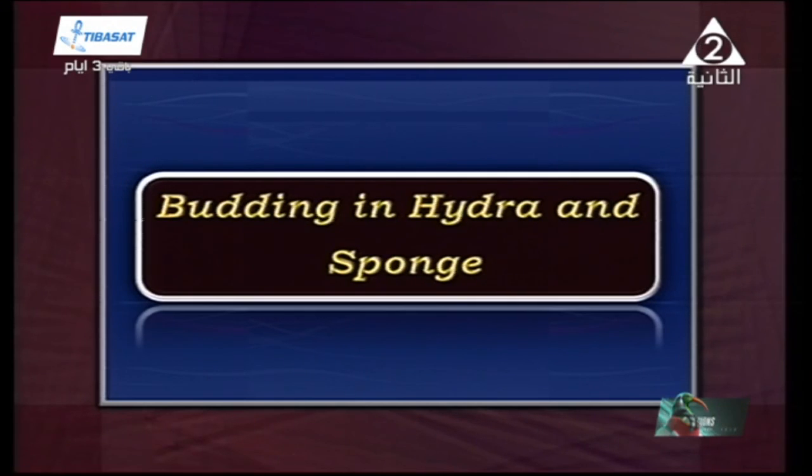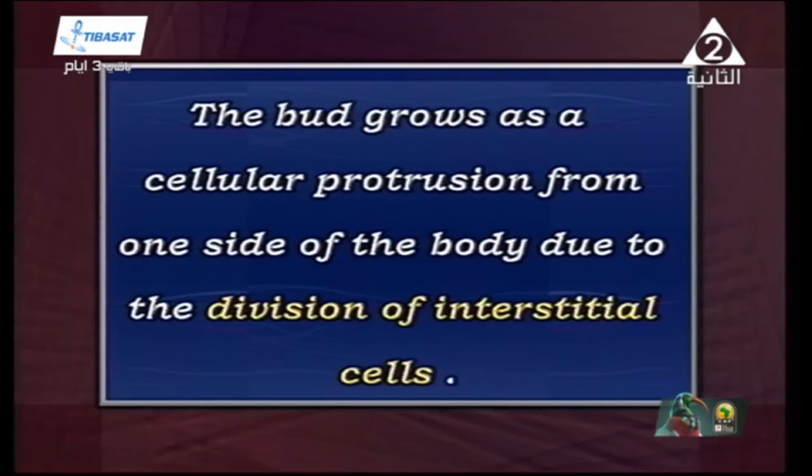The same sequence happens in hydra and sponge. The bud grows as a cell protrusion or bulk from one side of the body, as a kind of division of interstitial cells. Interstitial cells are the cells responsible for this process, which is called budding.